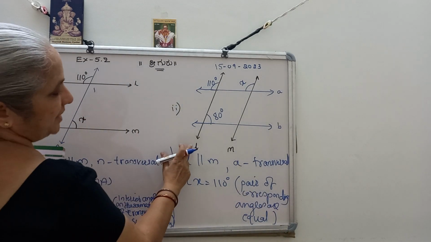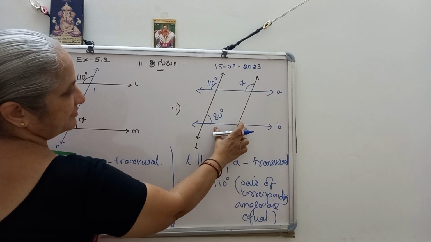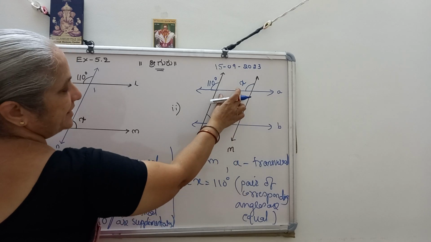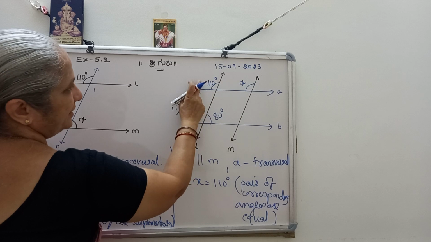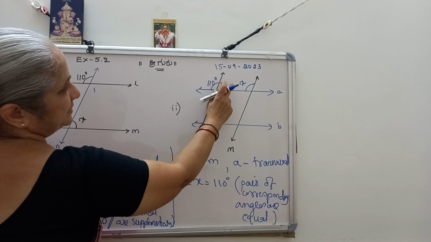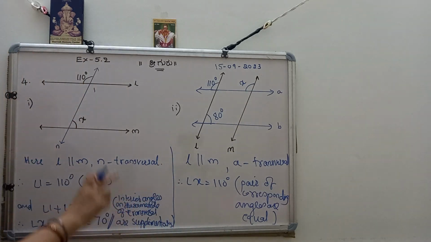Here, line L and line M are parallel. This line is given to confuse you. Line A is the transversal. Therefore, angle x is equal to 110 degrees. It is the pair of corresponding angles and they are equal.